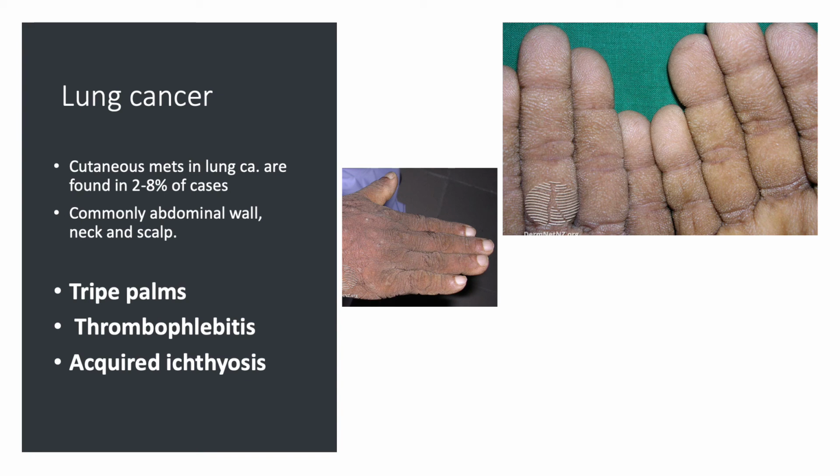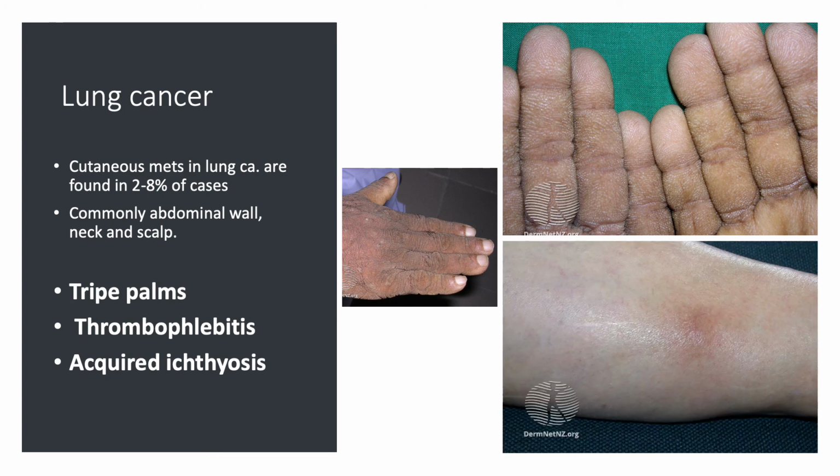Tripe palms is one of those things that can persist even after remission of the underlying cancer. So it's a good clinical sign to look out for if you've missed parts of someone's history, for example.